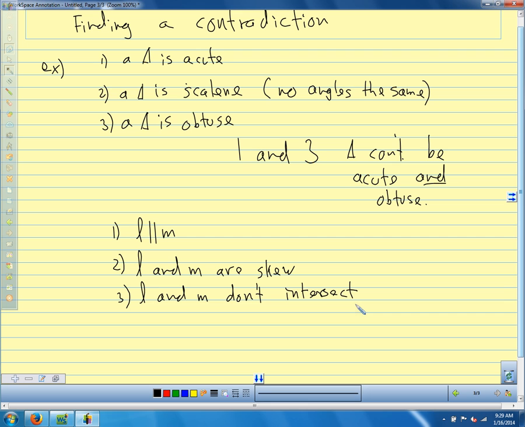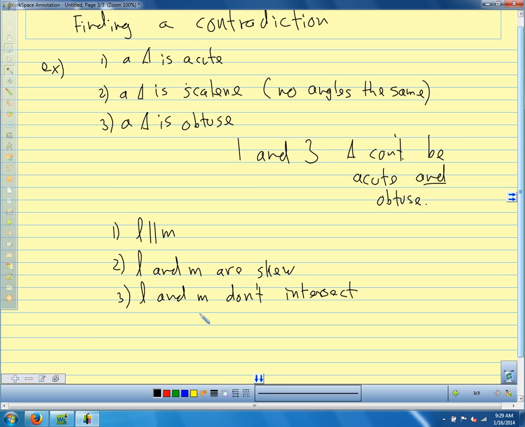So let's remember what we mean by, first off, L is parallel to M, and we're saying for number 3, L and M don't intersect. What does don't intersect mean? They're parallel. So let's think, what does skew line mean? So they don't intersect, right? You're doing this with your arms. They don't intersect, but they are not parallel.